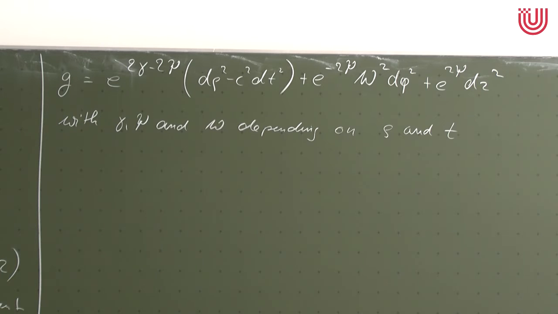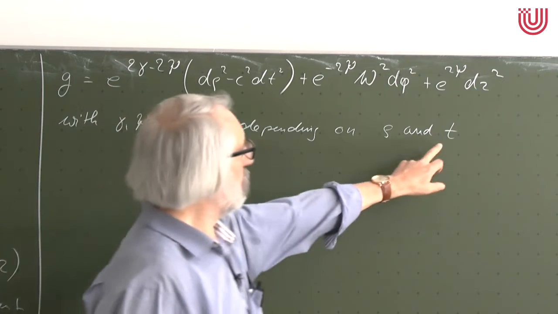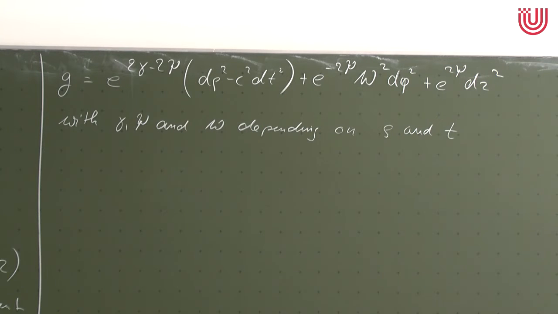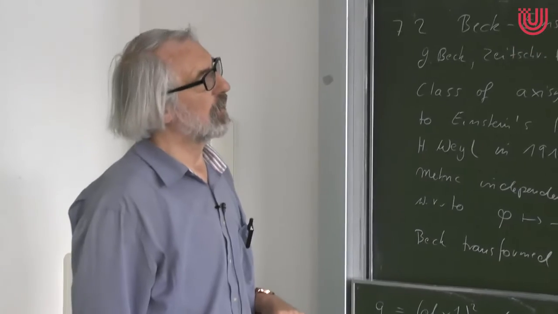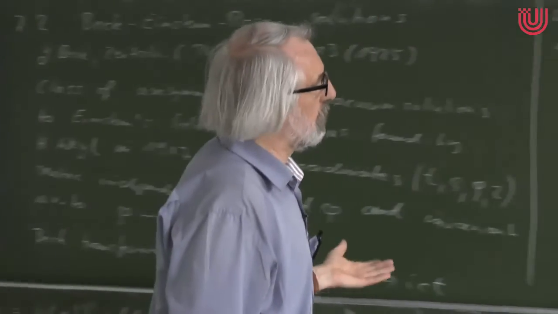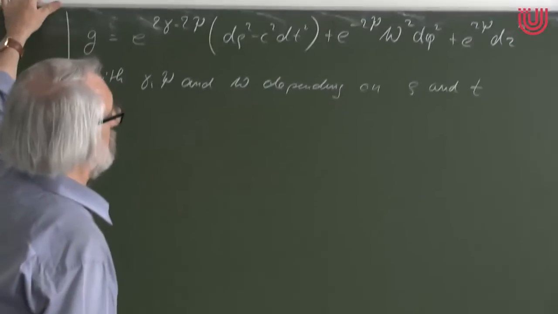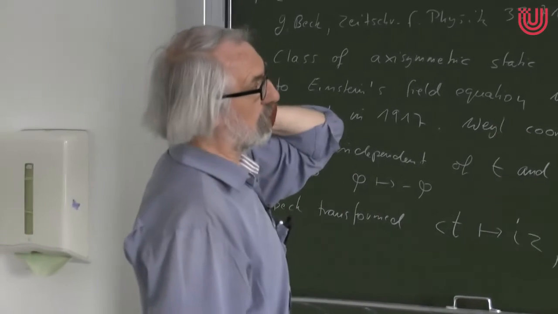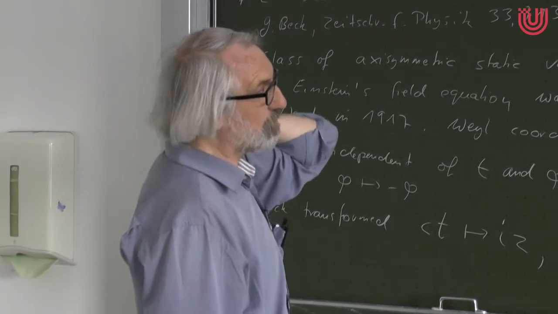It was originally done by Hermann Weyl for the case that here instead of t I have the z, and now with this transformation rewritten by Beck in this form. So every cylindrically symmetric spacetime can be written in this form. These coordinates are also in this case called the canonical Weyl coordinates, or the analog of canonical Weyl coordinates for this time-dependent case.